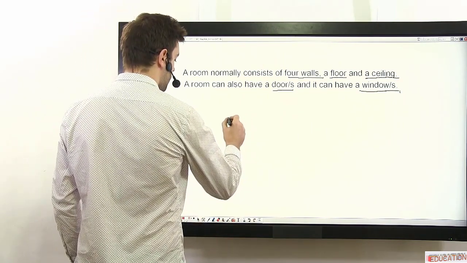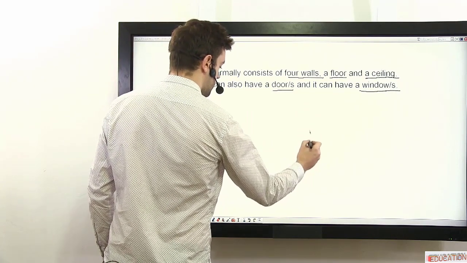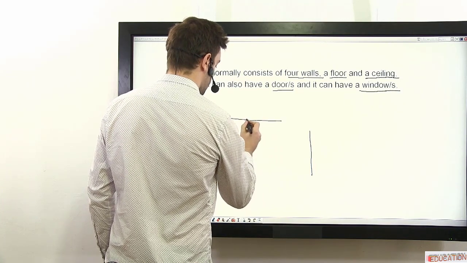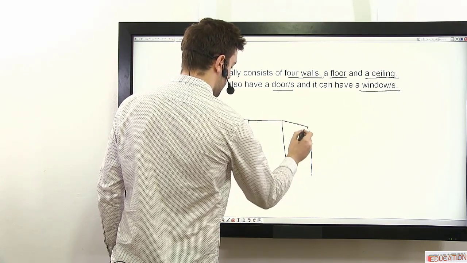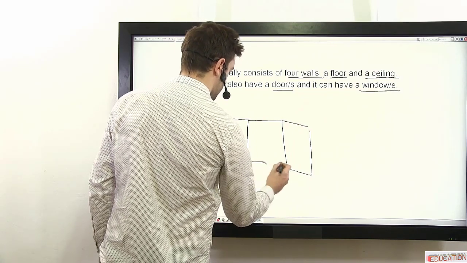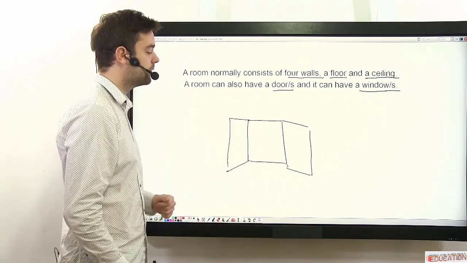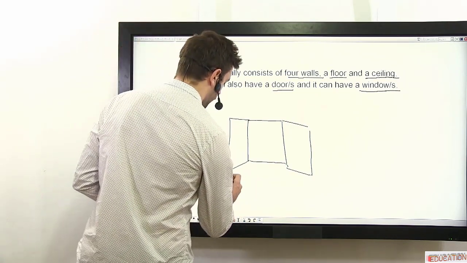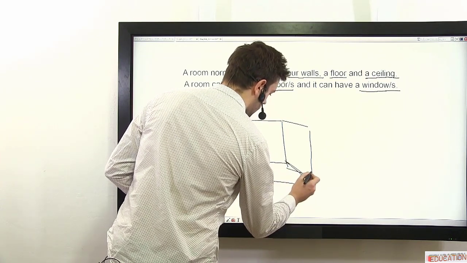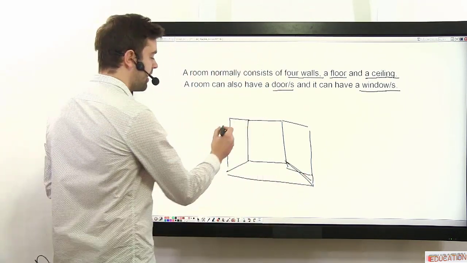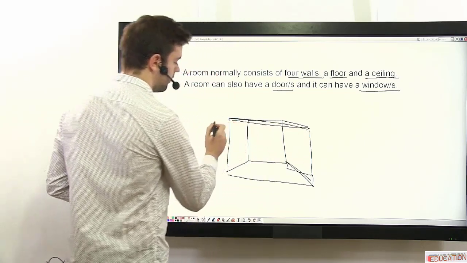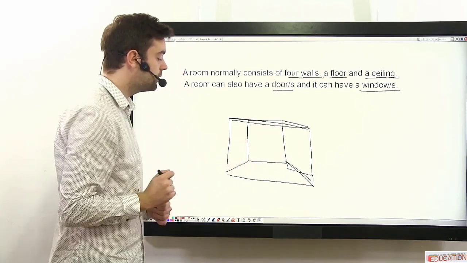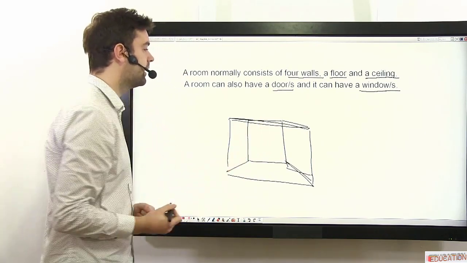So, we have 1, 2, 3, 4 walls. We have a floor, and we have a ceiling.